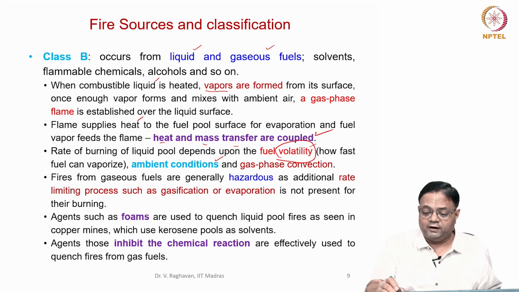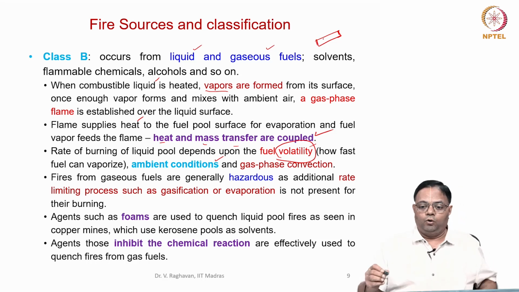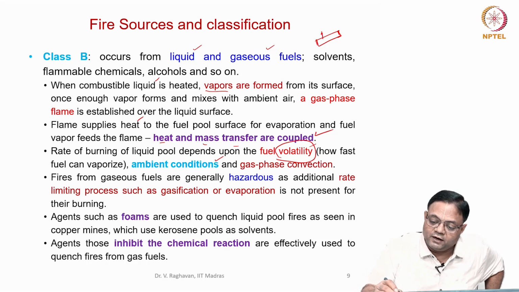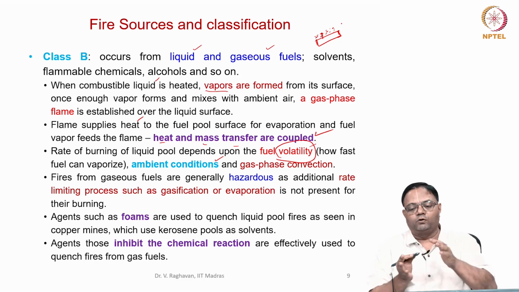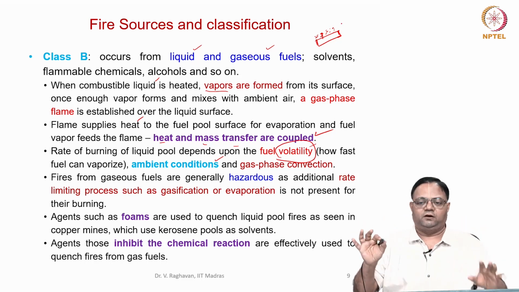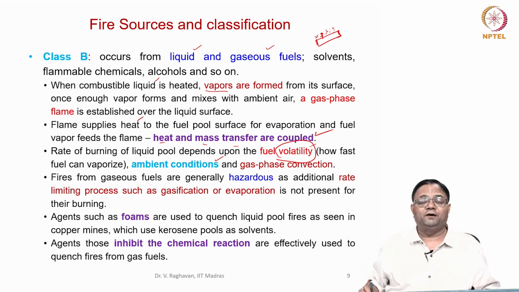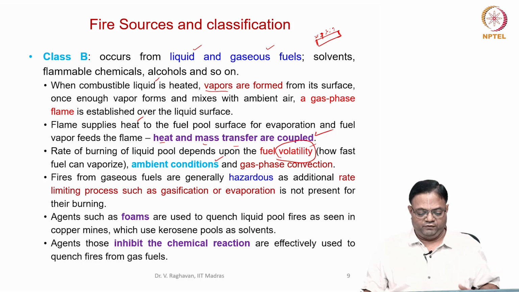Now let us take a liquid fuel in a beaker. Some vaporization occurs and the fuel vapors are formed. Fuel vapors accumulate over the surface, so we have a definite surface vapor pressure. That is the pressure imparted by the vapor on the liquid surface.